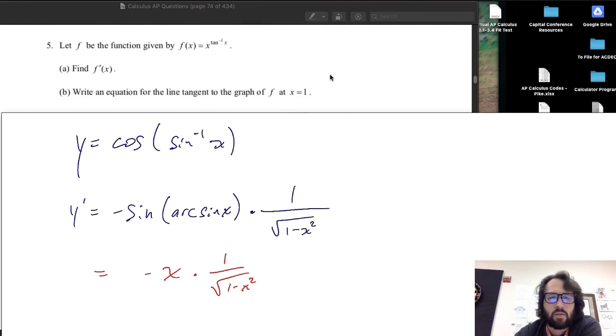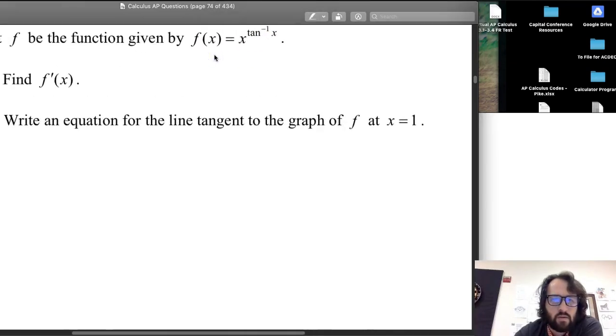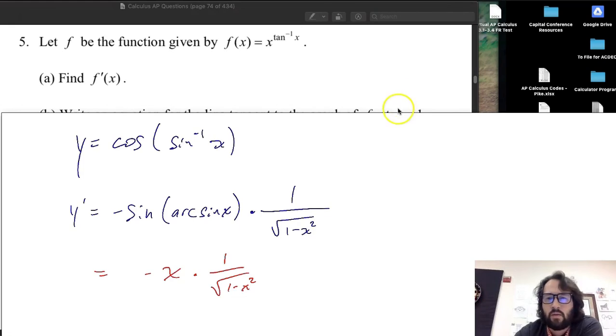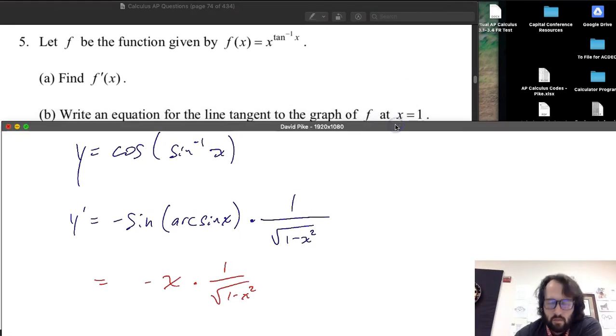Okay. Let f be the function given by this. Since I have an x to the x there, I know I'm going to need to do logarithmic differentiation. Make this a little bit bigger. So find f prime and write the equation of the line tangent at x equals 1. Let's see.